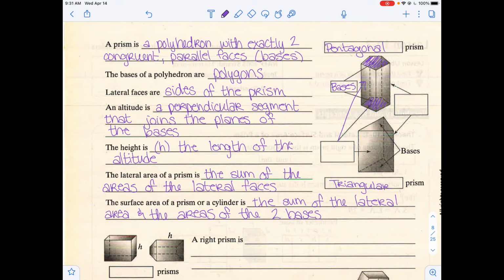It's kind of hard to see. But these arrows are pointing out the lateral faces. Okay, then right here, these two arrows are pointing out lateral edges. Those are all the different parts that we can label there.